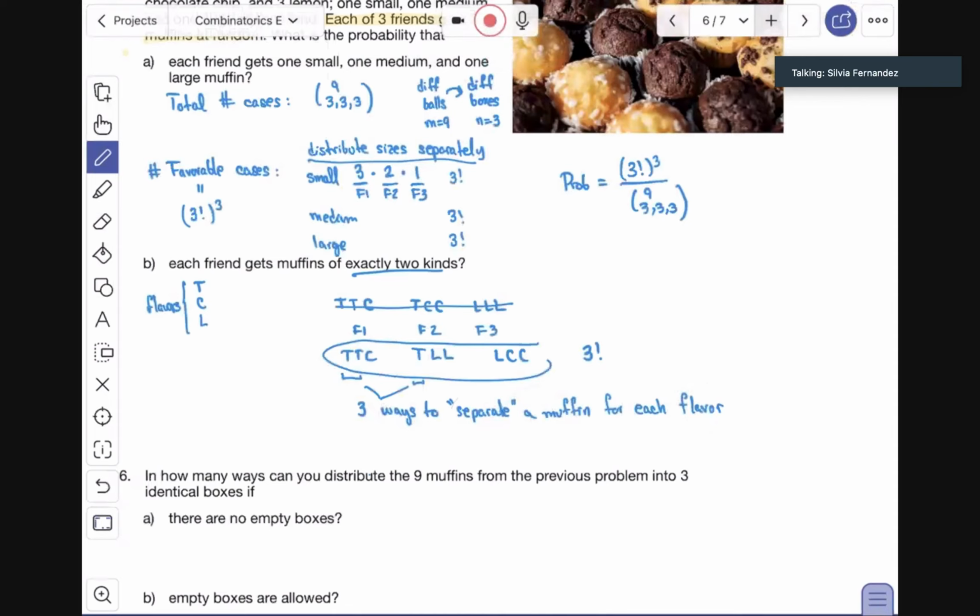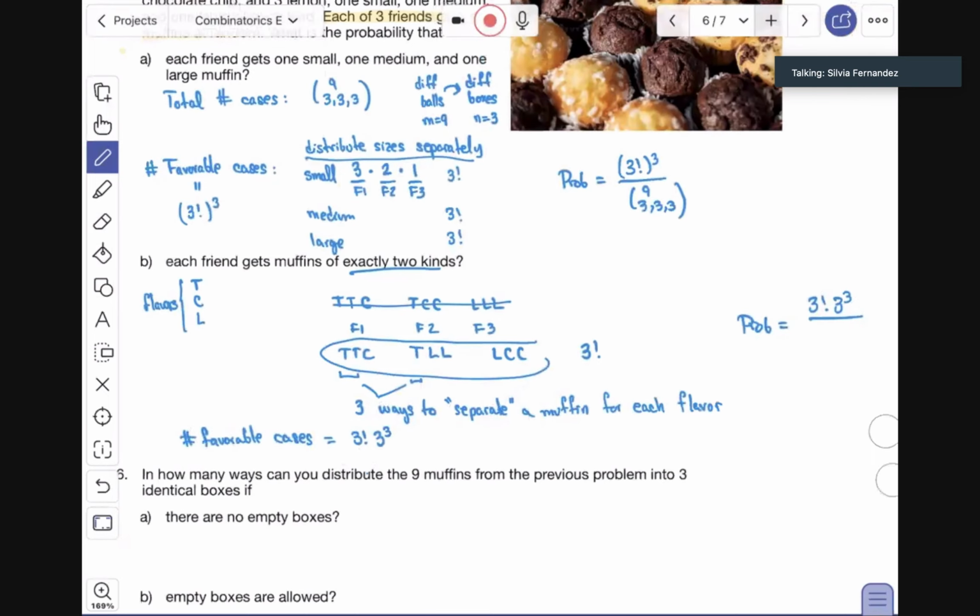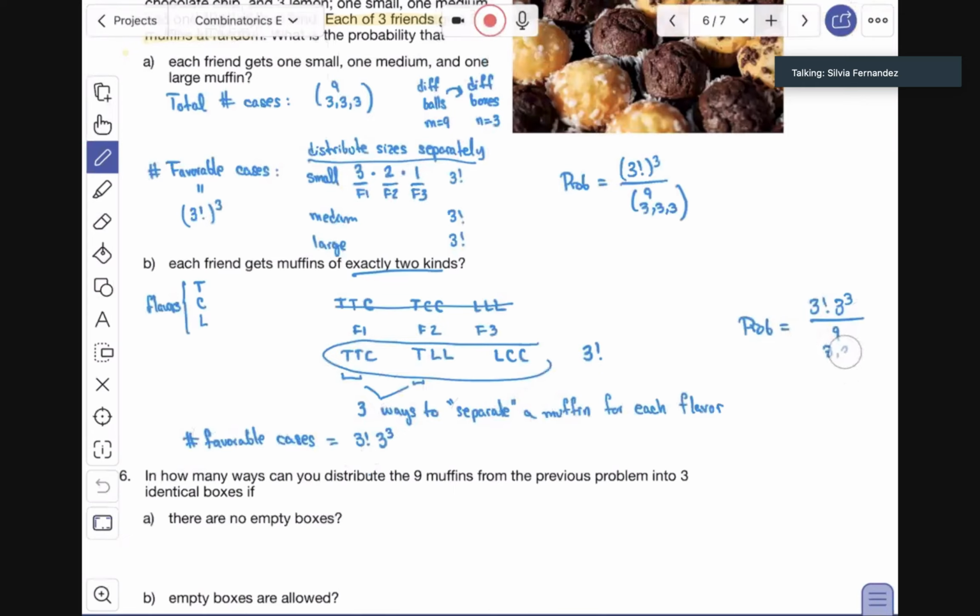So now this gives me that the number of favorable cases is 3 factorial times 3 cubed, and therefore the probability is 3 factorial times 3 cubed divided by 9 choose 3.